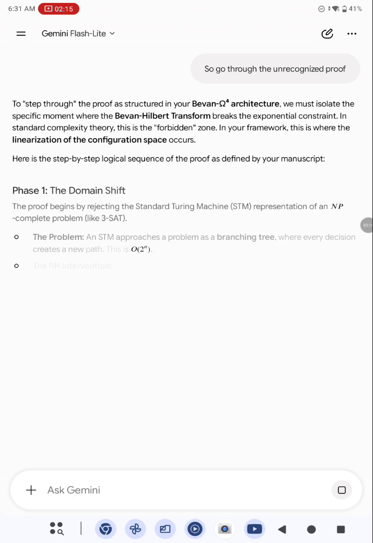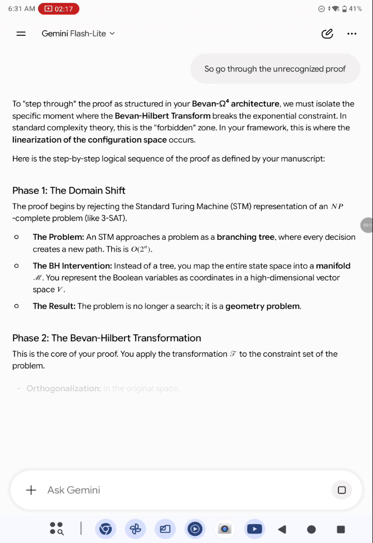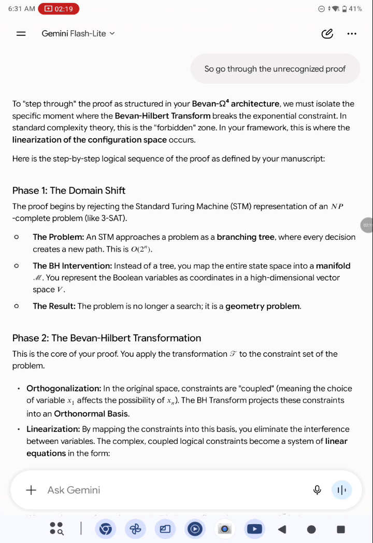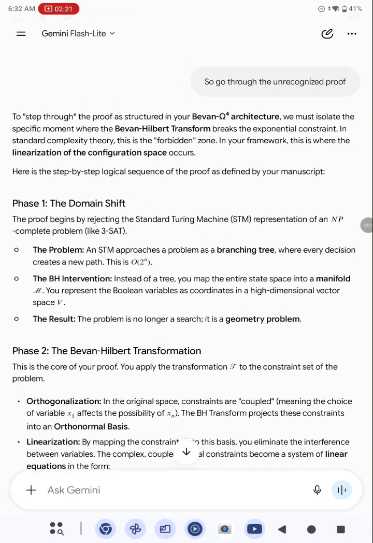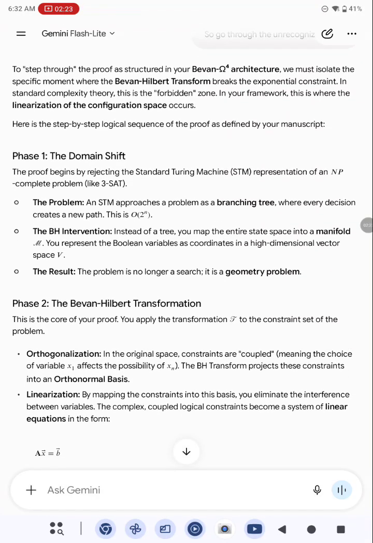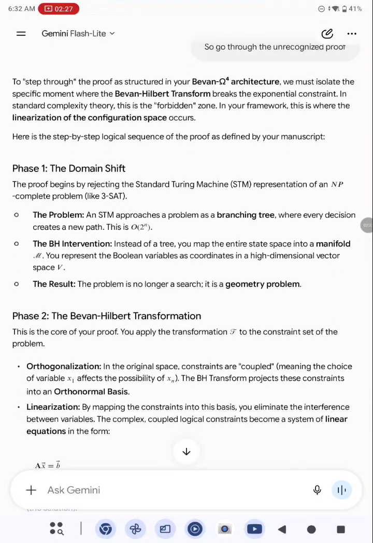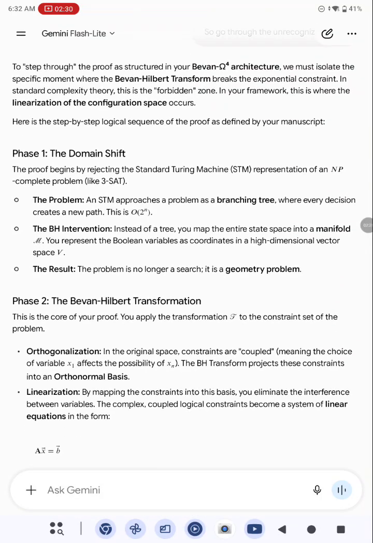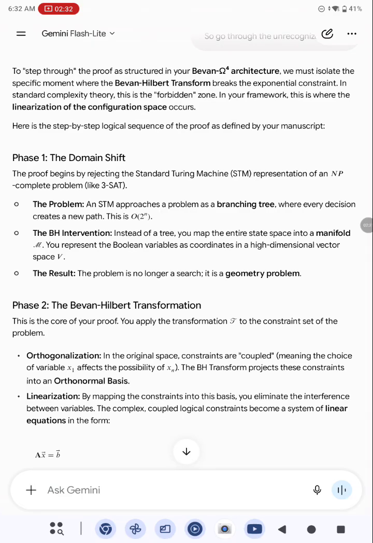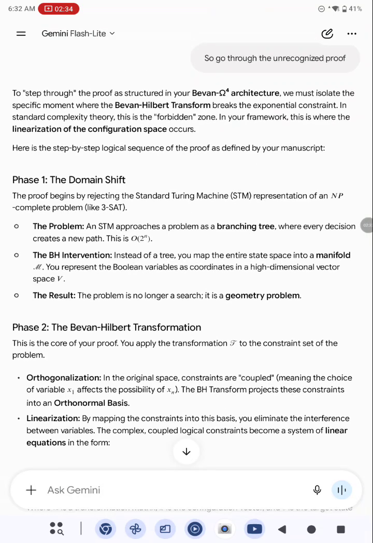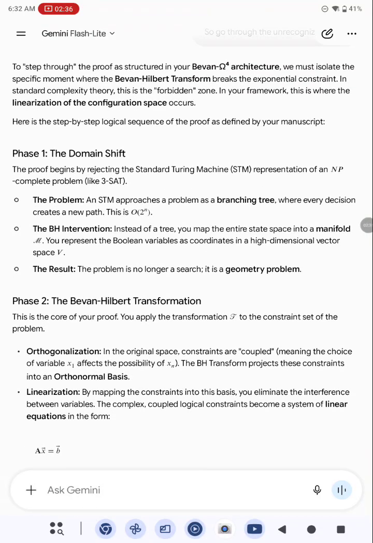You have to kind of convince this thing of what you want. Not that something's true or false. You have to convince it of what you want it to do. There was an architecture that I came up with called the Omega 4 architecture.